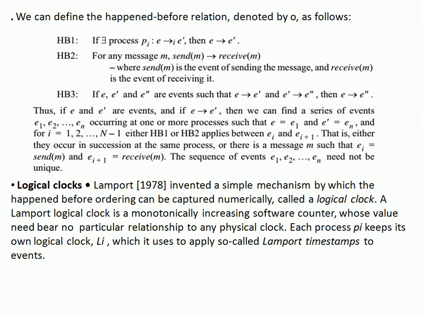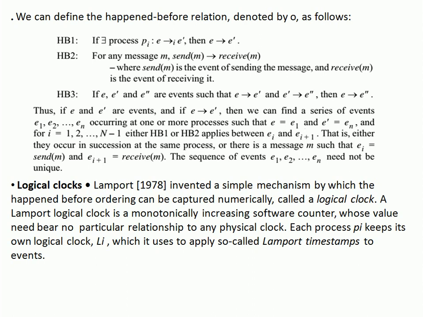In a single process, if two events happen, the first event E happens and later E dash happens. Then we are maintaining the ordering or synchronization in the process.